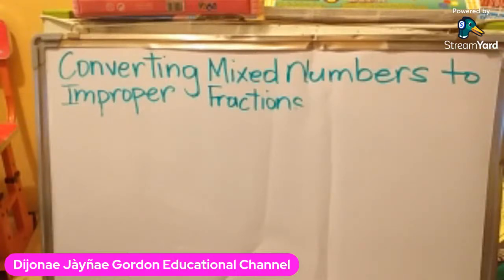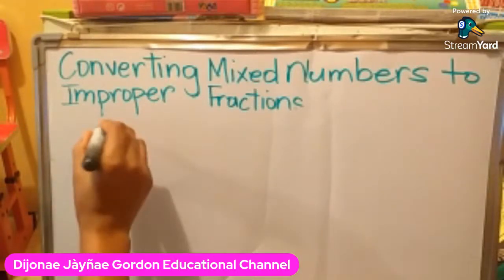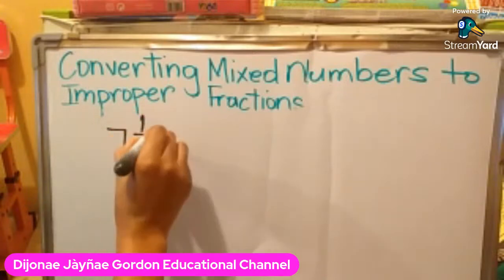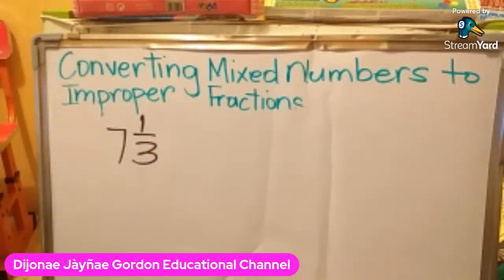So we have 7 and 1 over 3. So 7 and a third, we are changing to an improper fraction. Let's see who is going to get it. All right, so I see where we said 22 over 3.